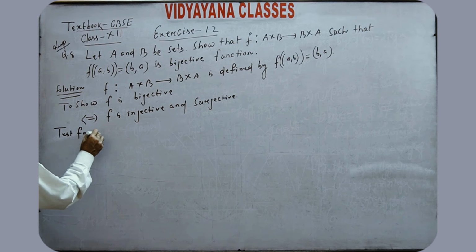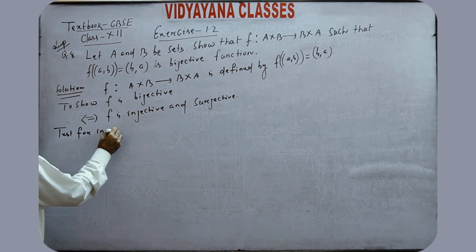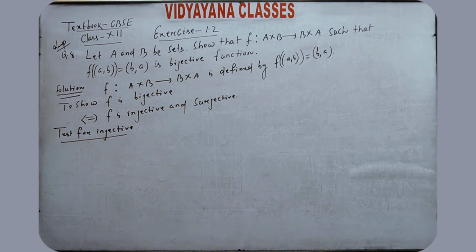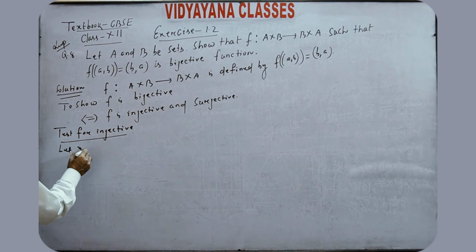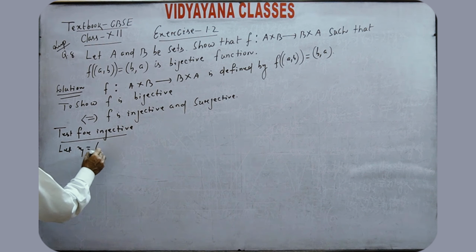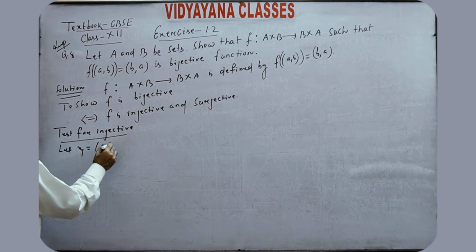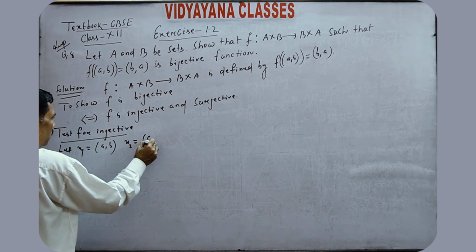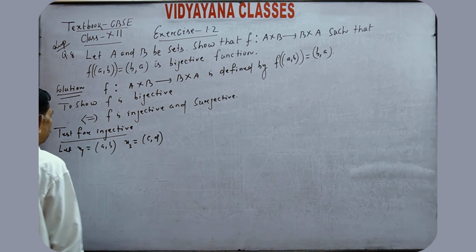For injective, let x1 is equal to (a, b) order pair, x2 is equal to (c, d) order pair.